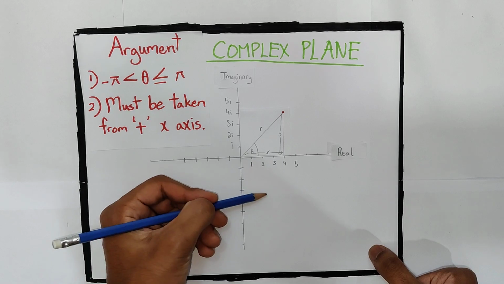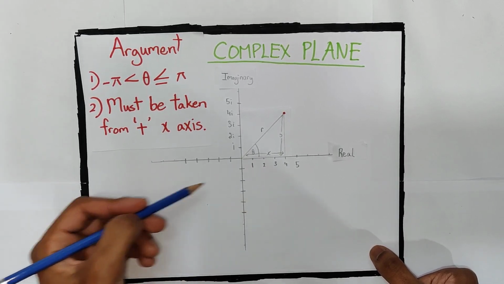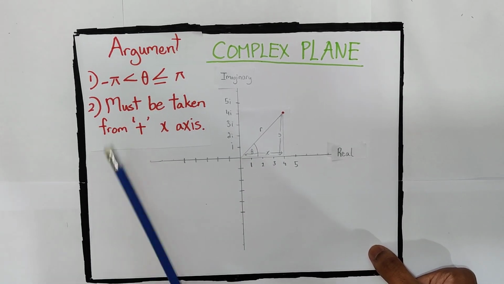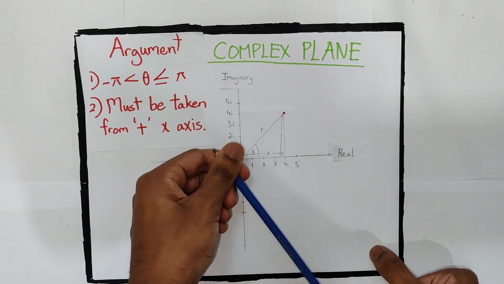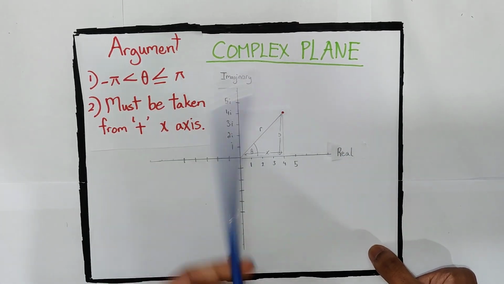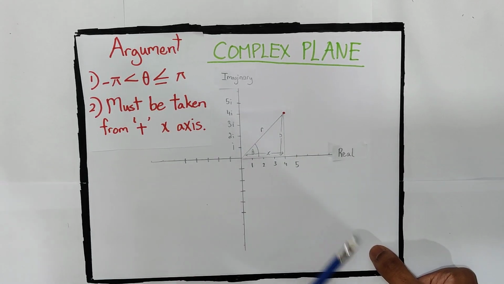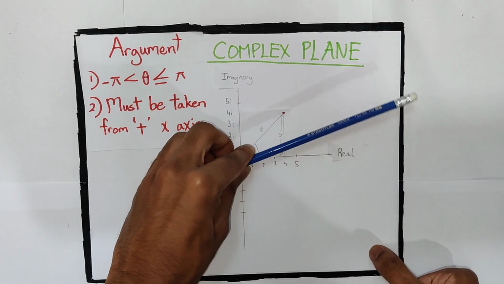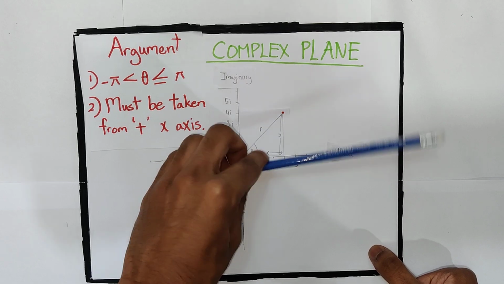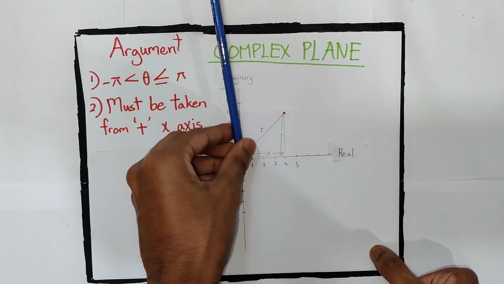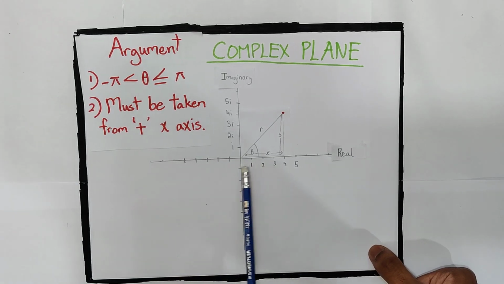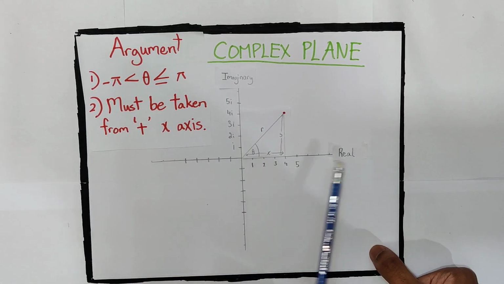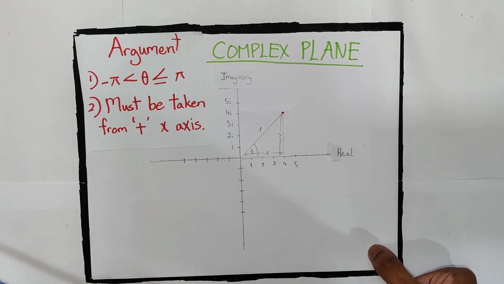Well, any complex number that lies in this portion of the complex plane will have a negative angle because you need to go this way to reach it. And any number on top will have a positive angle because you need to go this way. So anti-clockwise is positive, clockwise is negative angle. And it's always taken from the positive real or x-axis.